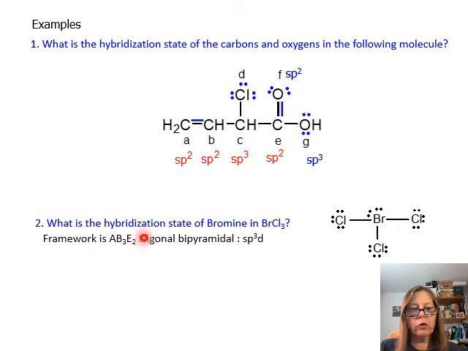So the framework is trigonal bipyramidal, and for the hybridization state of the bromine, we have 5 elements, so you need 5 orbitals: s, p3, that's 4, and we need 1 d, so it's sp3d. That's the hybridization state of bromine in BrCl3.